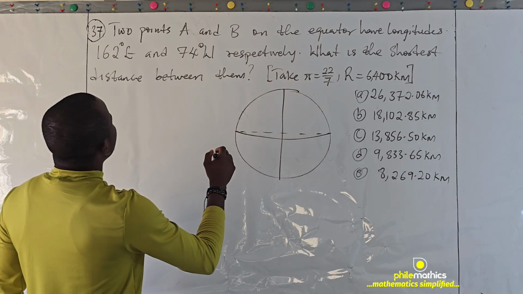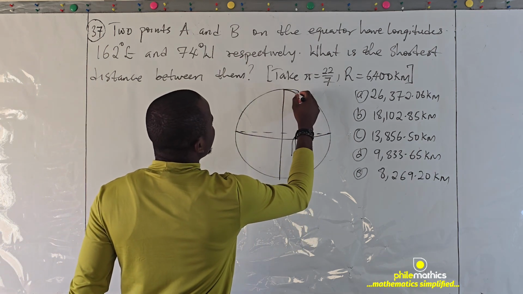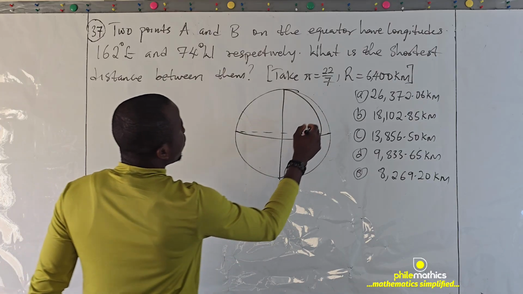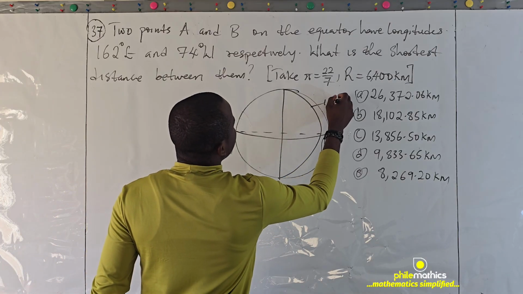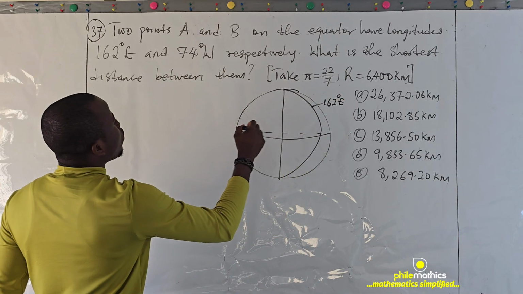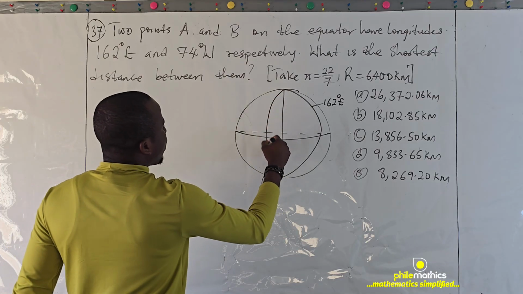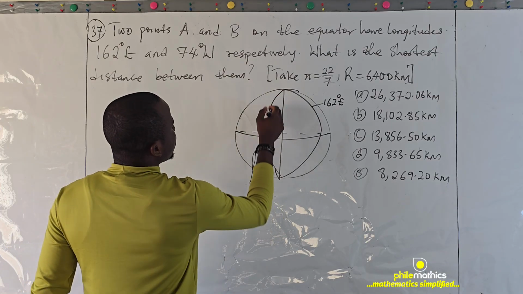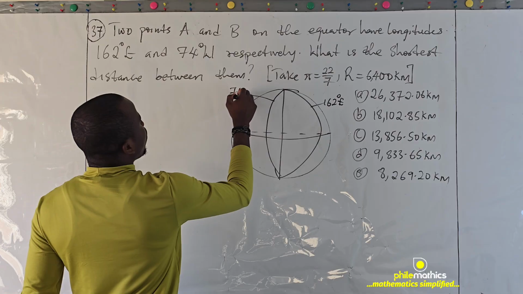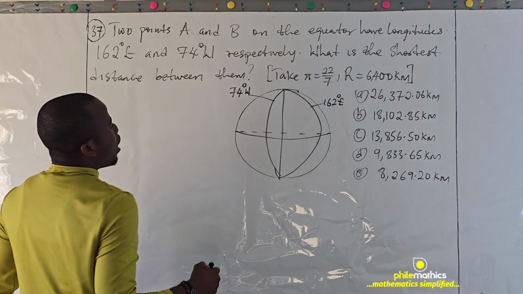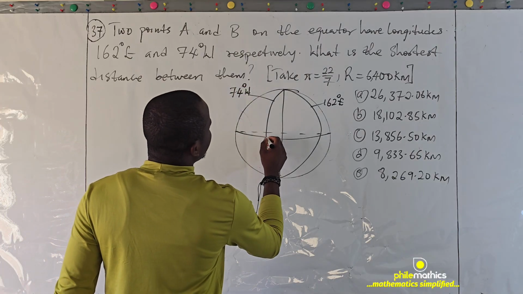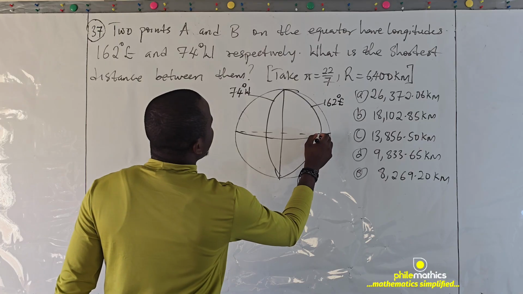So 162 degrees east is somewhere around here, and 74 degrees west somewhere around there. This is 74 degrees west. And we're asked to look for the shortest distance between them.